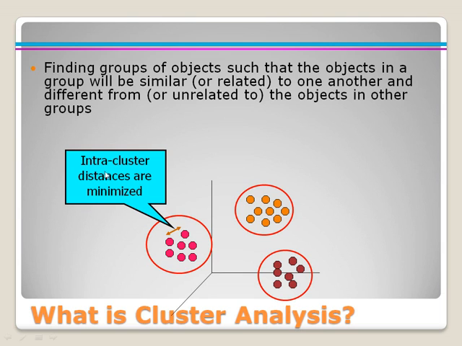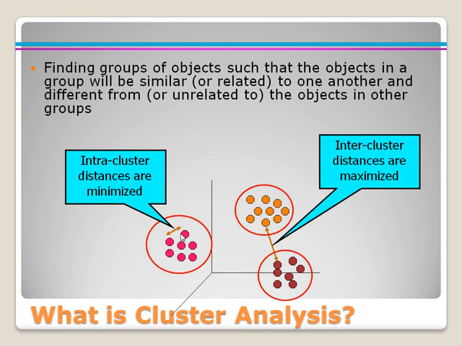The concept of intra-cluster is the minimum distance between items in the cluster, and it should be very small, whereas inter-cluster is the distance between 2 different clusters, and the larger this is, the less related those 2 clusters are to each other.